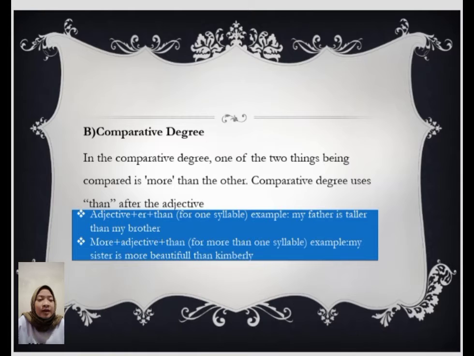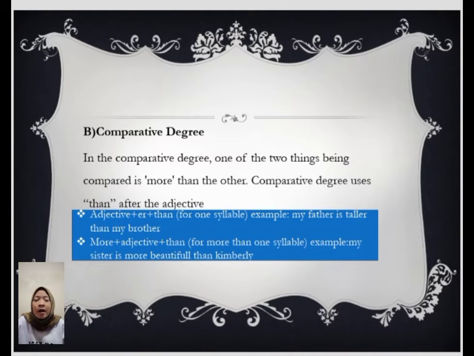Comparative degree has 2 rules. Rule 1, adjective plus er plus than, and this is used for 1 syllable. Example, my father is taller than my brother. And rule number 2 of comparative degree, more plus adjective plus than.